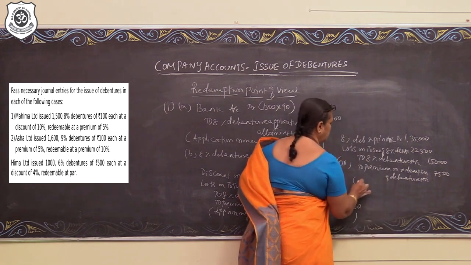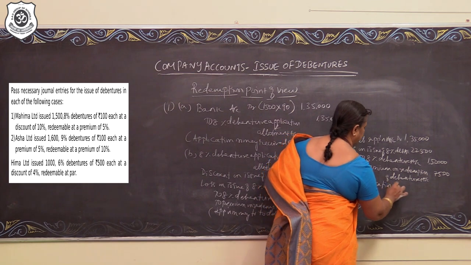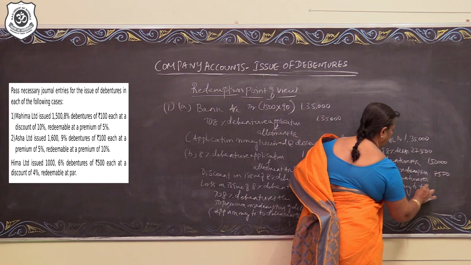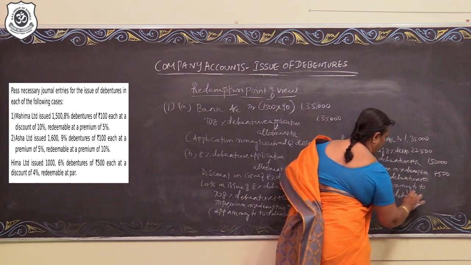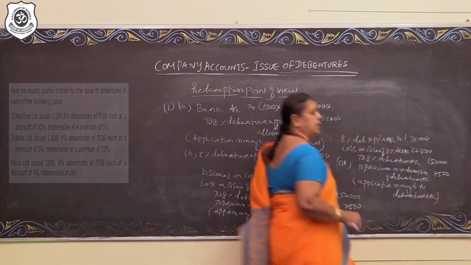So same narration, application money transferred to debentures account. So the first entry is over.